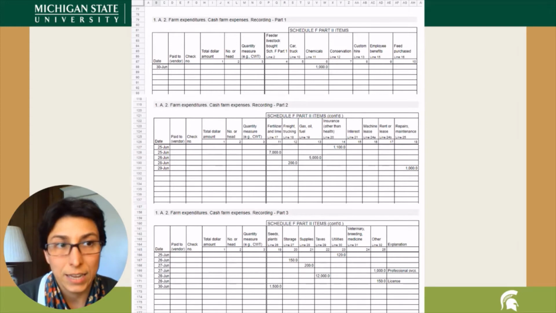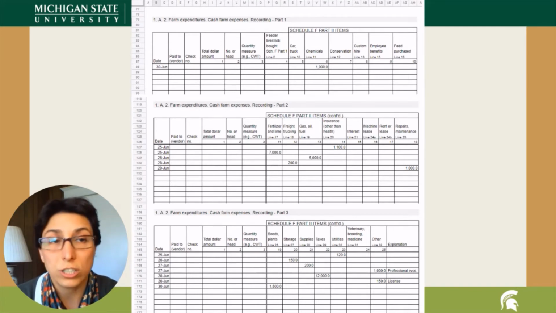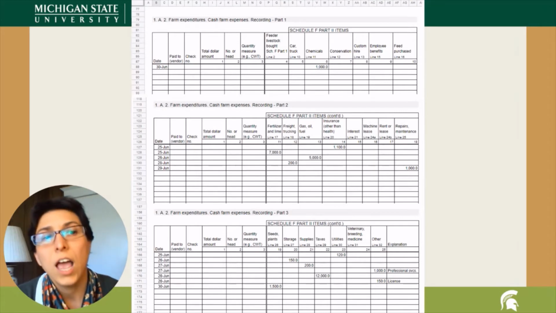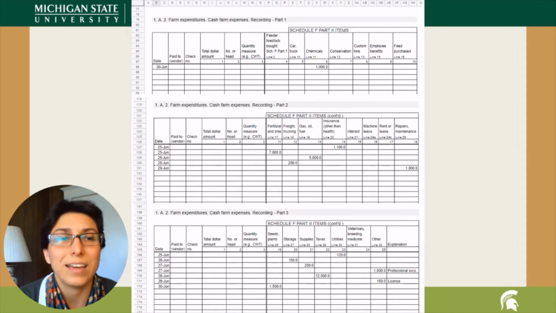my June expenses, which were $1,000 in chemicals on the 30th, $1,100 in insurance, and $7,000 in fertilizer on the 25th, $5,000 in fuel on the 26th, $200 in trucking expenses on the 28th, $1,000 in repairs on the 29th, $120 in utilities on the 25th, $150 in storage on the 26th, $200 in supplies, and $1,000 in other or professional services on the 27th, $12,000 in taxes, and $150 in other or a license on the 28th, and $1,500 in seeds on the 30th.